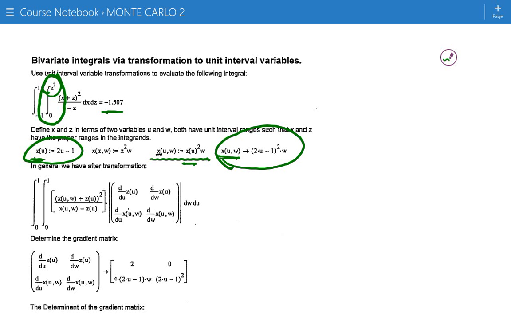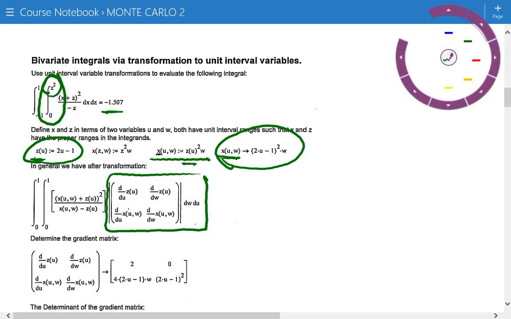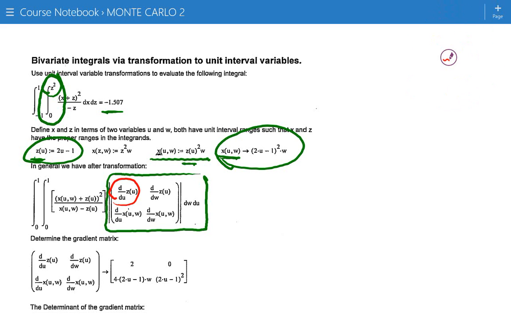Now when you do your substitution in this case, the derivative is actually a matrix of derivatives. And so what we have is the derivative of z with respect to u, the derivative of z with respect to w, and the next row is the derivative of x with respect to u, the derivative of x with respect to w, times dw du.